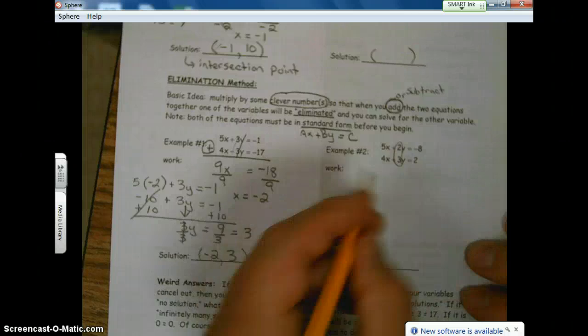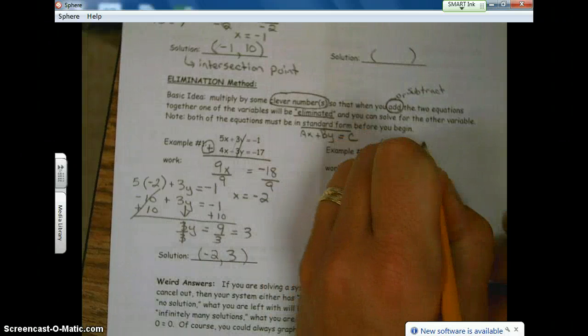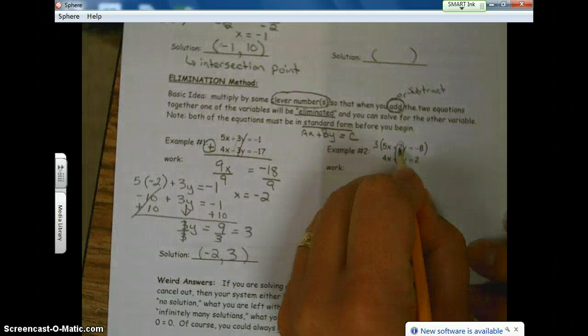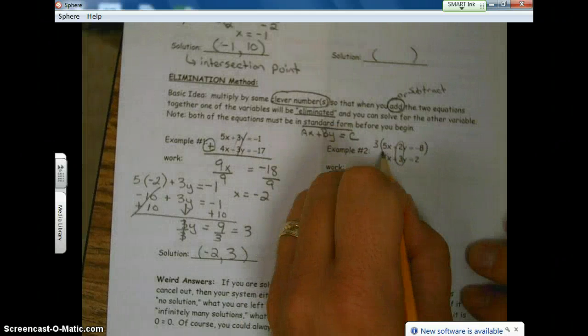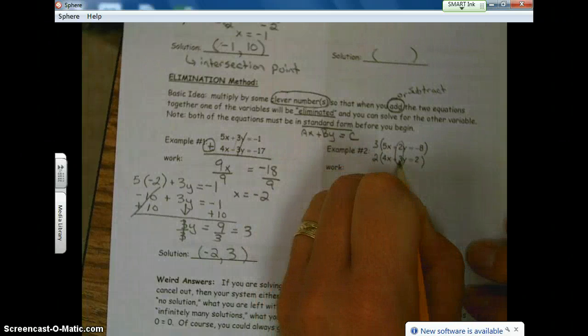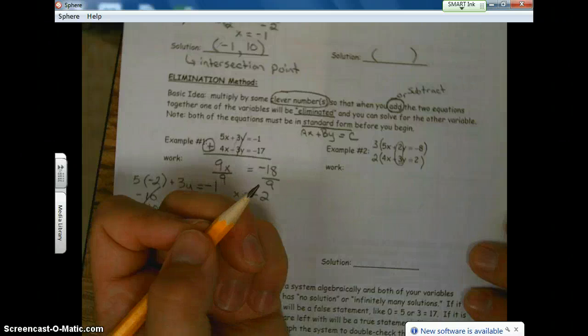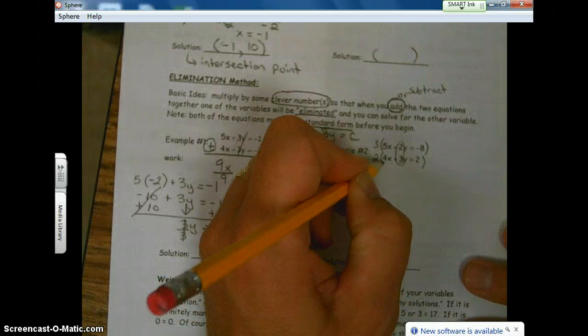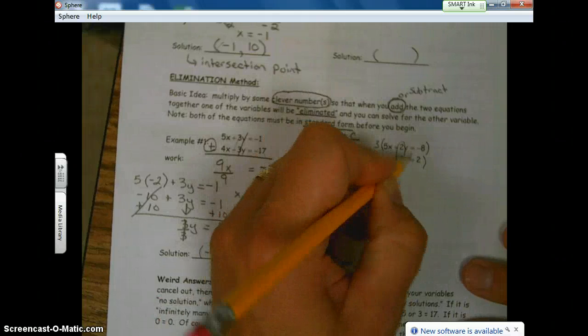Okay, let's multiply the top one by 3. That makes that a 6. And then we're going to multiply the bottom one by a 2. That will make that a 6. That's the goal. Now I could have thought some clever numbers to make these the same if I wanted to, but I chose to eliminate my y.